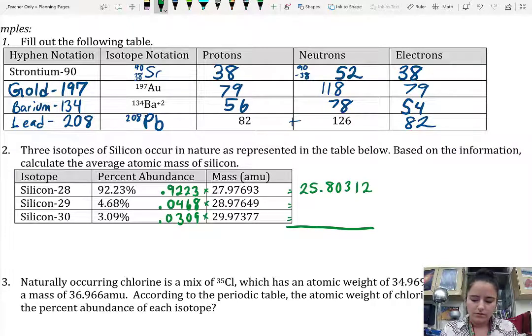Now we have 28.97649 times 0.0468, which gives 1.35610. And 0.0309 times 29.97377 gives you 0.92628. So then we add all of those together.